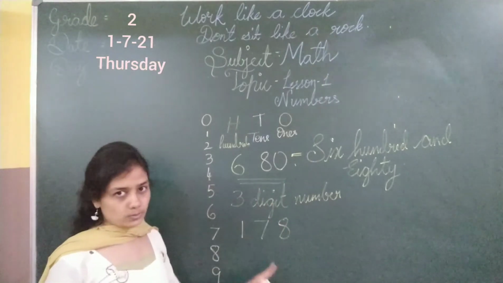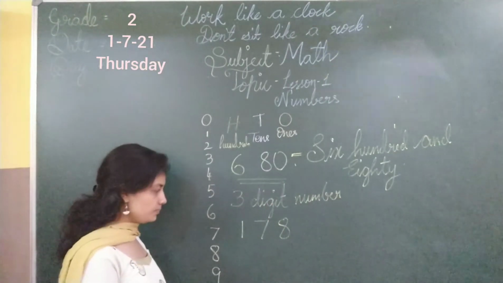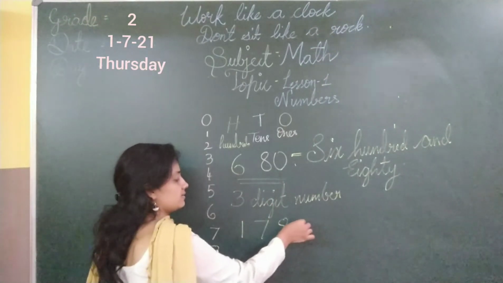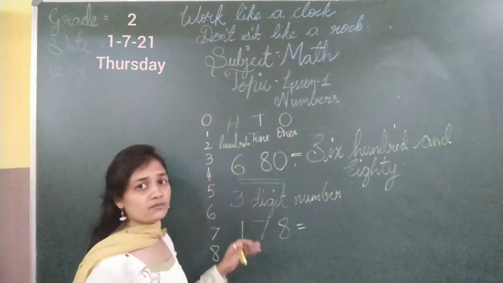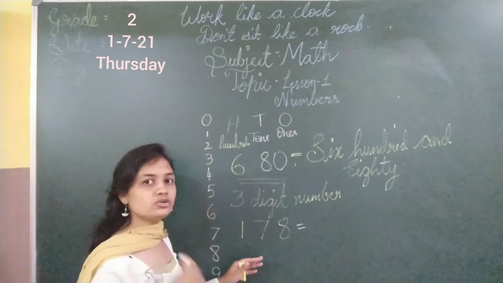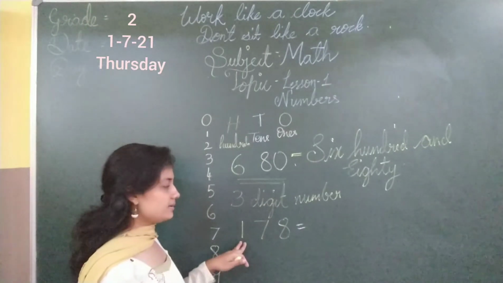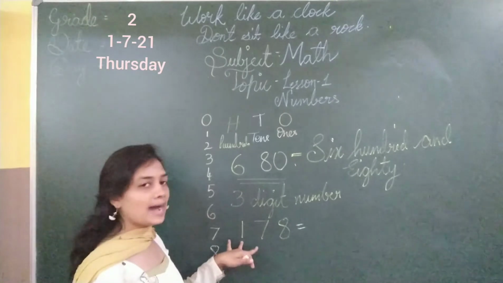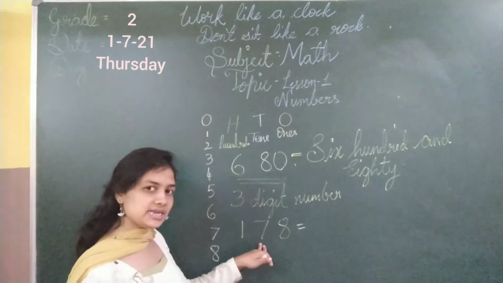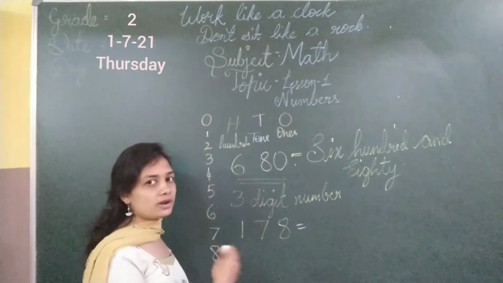So let me show you one more example for this number too. It's very simple, children: how you pronounce the number, how you tell the number, the same way you write it. So the writing is 100 and 78. That is how we pronounce the number, right?